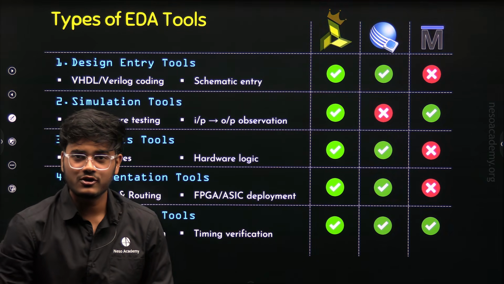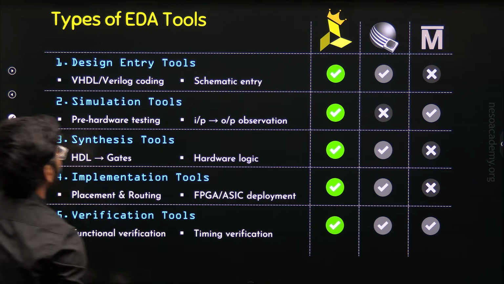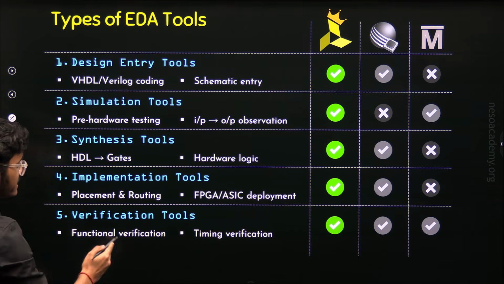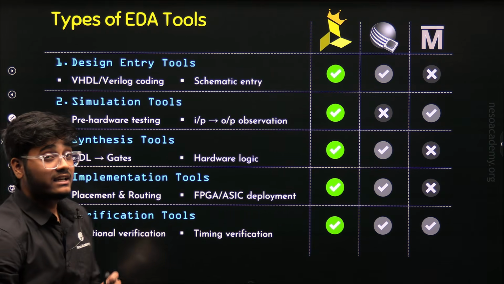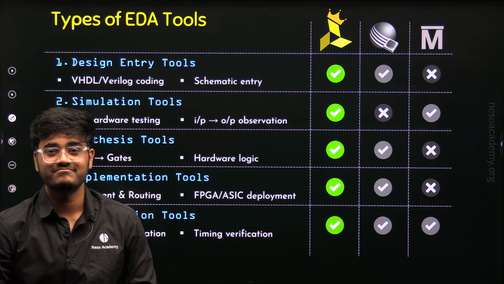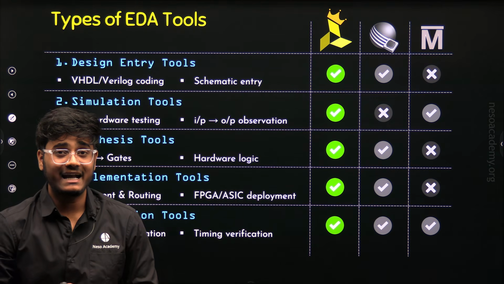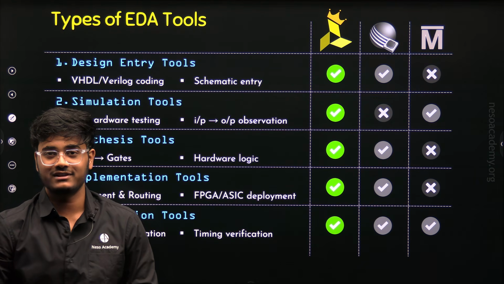So, for this course, we will use Xilinx Vivado because it supports the complete digital design process. It is widely used in educational institutions and industries, and it provides a free version. This makes it ideal for learning and practical work.